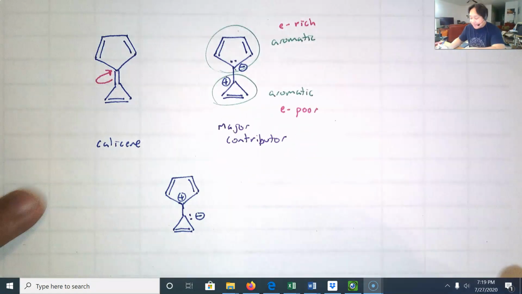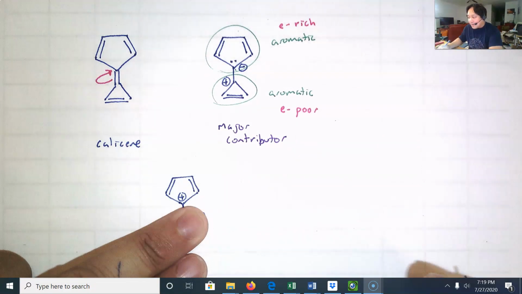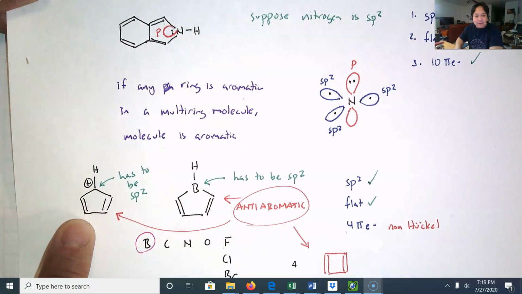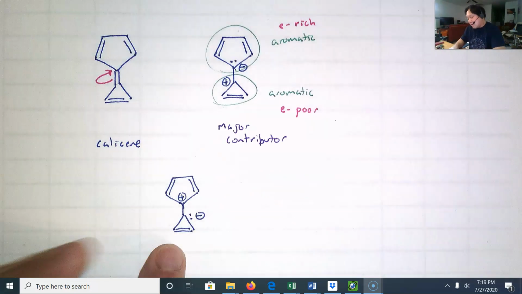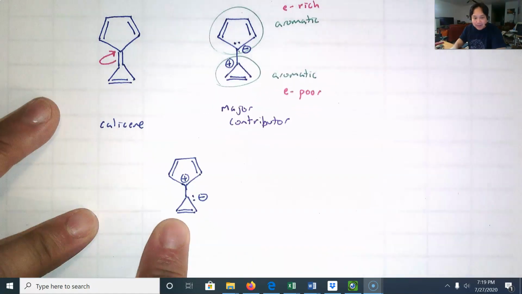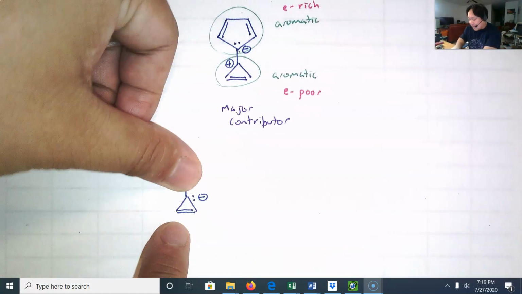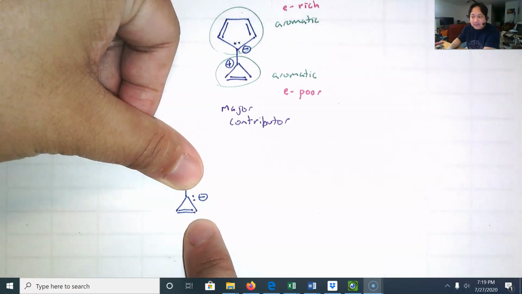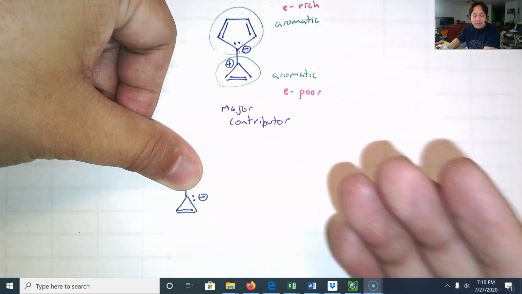That's no good, because look at the top ring. The top ring is anti-aromatic, and we saw that over here. Okay. The bottom ring, I would consider it non-aromatic, because now if that carbon was sp2 hybridized, we would have 4 pi electrons. That's an anti-aromatic Huckel number.